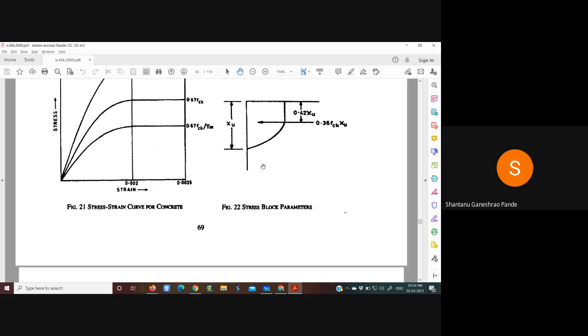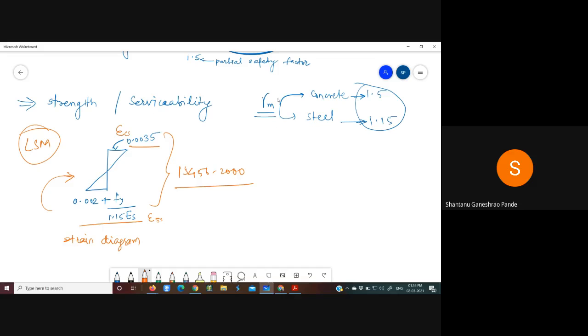Like what we have done in case of WSM, we calculated some design constants. Similarly, in this LSM approach also, we have to calculate design constants. But before reaching those design constants, first we will have to deal with these stress block parameters. Now, what exactly the stress block is, I will switch over to the board now.